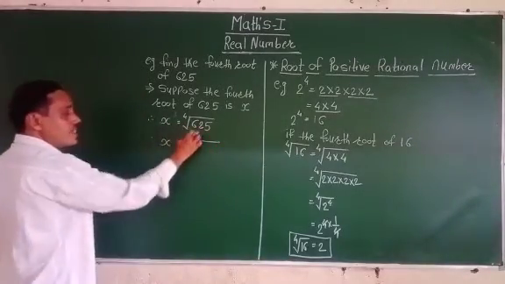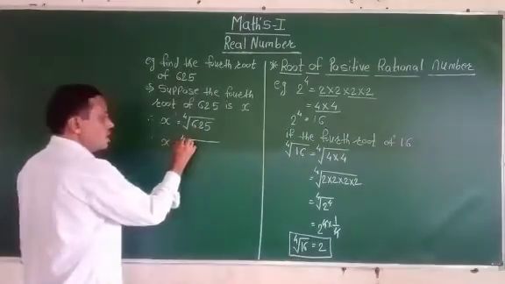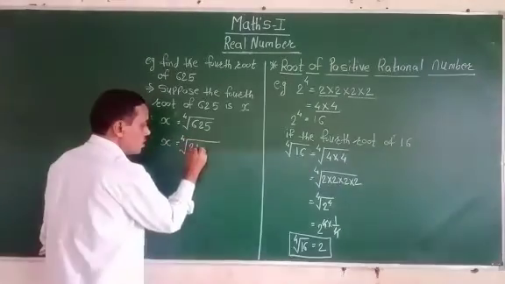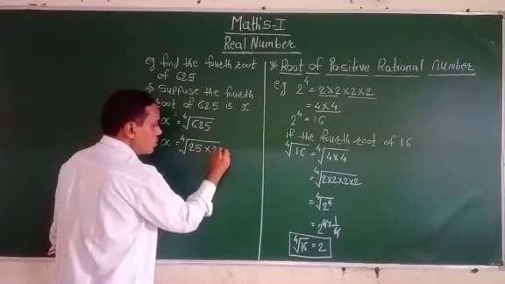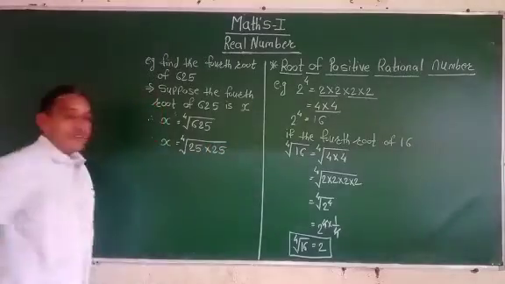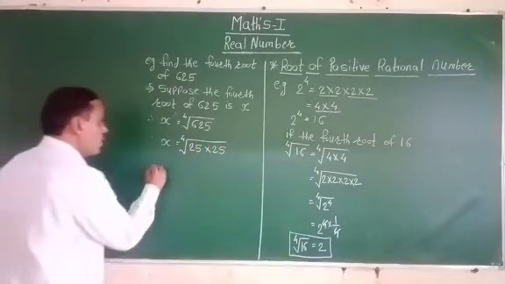We can factorize 625 as a product of two numbers: 25 into 25.